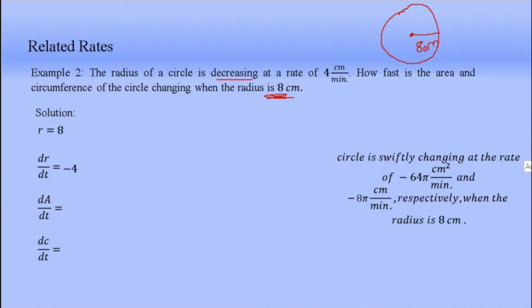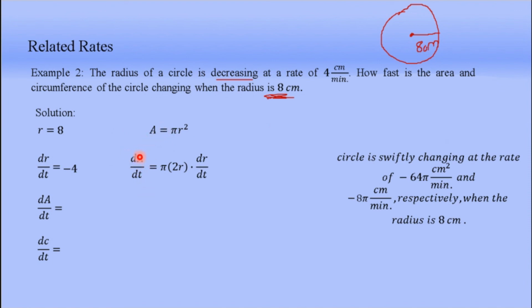The first thing is we're going to find the area. So what is the area of a circle? That is pi r squared. Now we're going to find the derivative of each term. The derivative of A is just going to be 1.